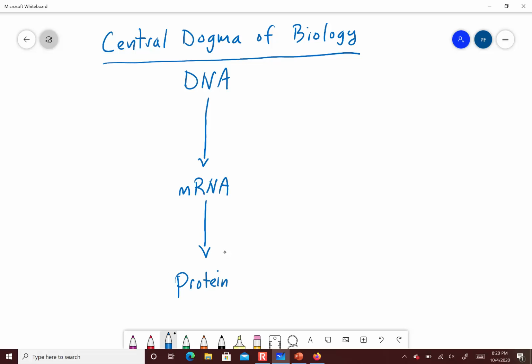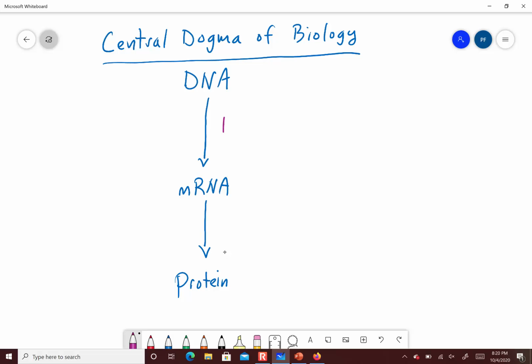So the whole central dogma, meaning all cells, all organisms do this. Might there be little minute differences? Yeah, of course there are. But all cells do this. DNA to mRNA to protein. Every cell all the time will do this. So, two steps here.